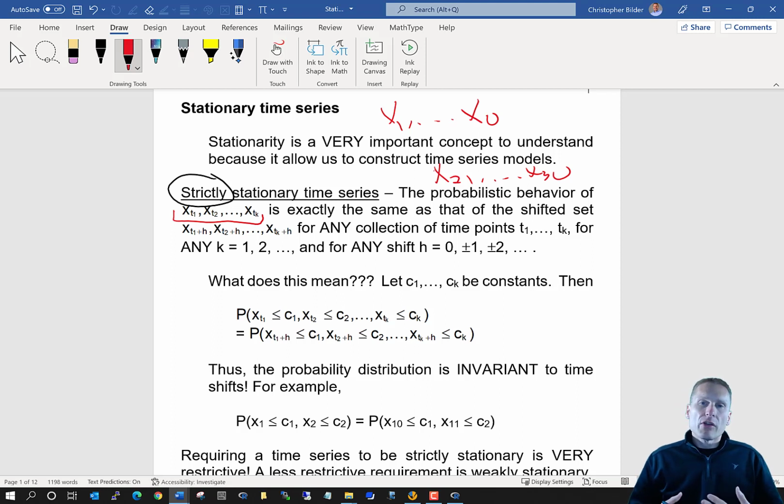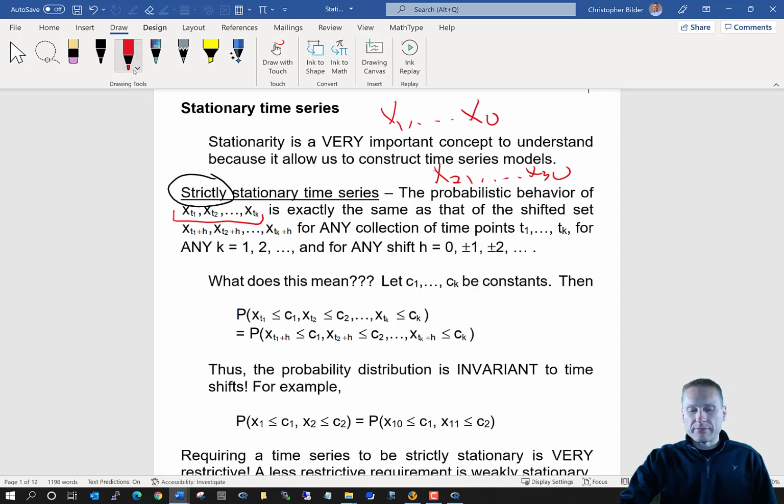Okay, so we have this segment of a time series. Now, if I were to make an h lag shift of those time points, then the probabilistic behavior of both sets of our time series will be exactly the same. In other words, they will have the same joint probability distribution.